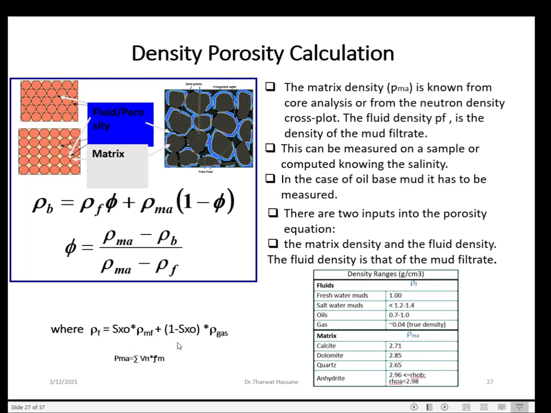For the gas reservoirs, you can see the rho fluid. This is a relationship between rho mf and the rho matrix. This rho matrix is a very important point to get. Get it from the core. You see from the core interval how much is the grain density from the core lab analysis, and you take the average of that. If you do not have it, you can also go to the ECS tool.